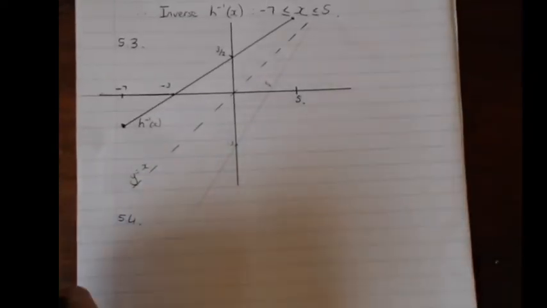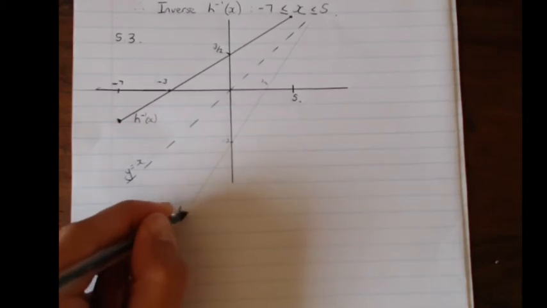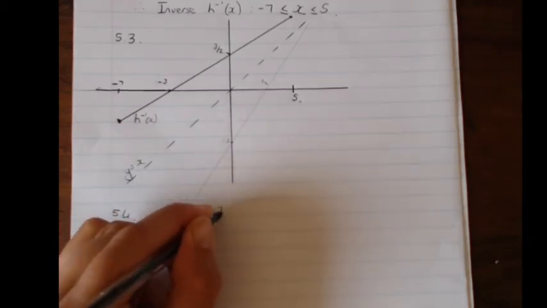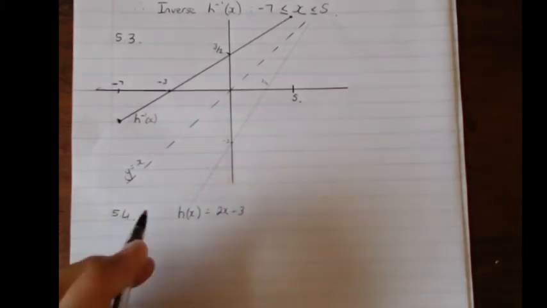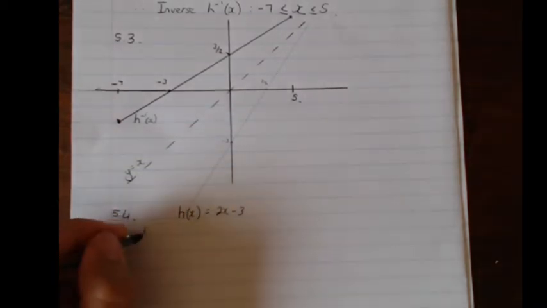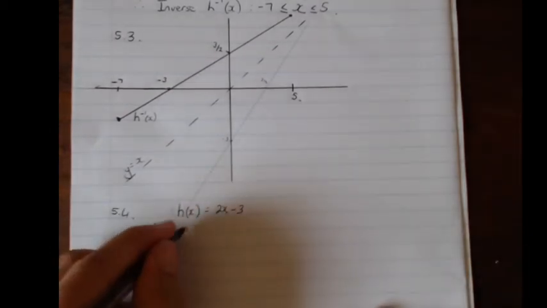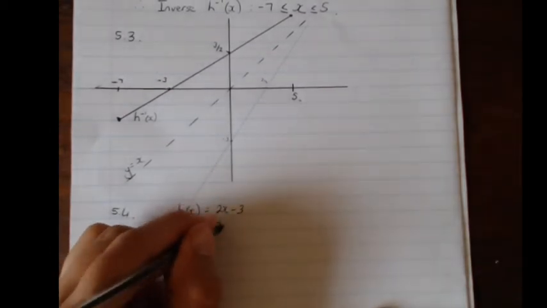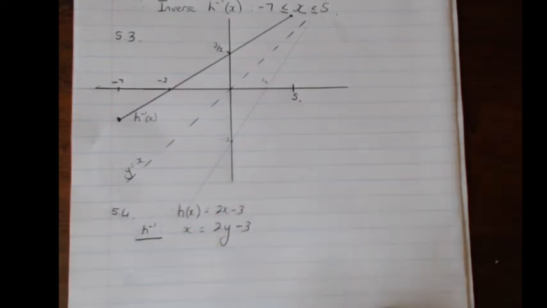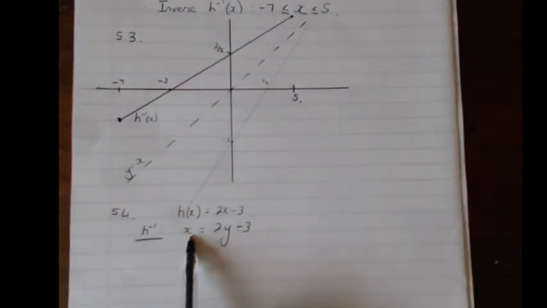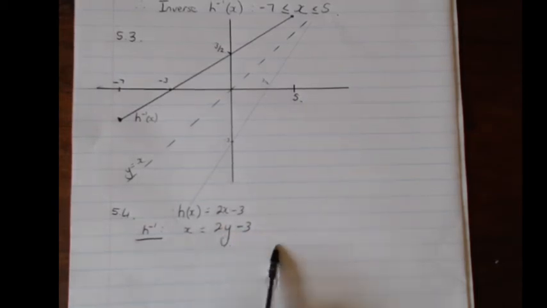So to calculate the equation of an inverse function, h(x) is given as 2x minus 3, this is now y. I calculate the inverse function by swapping the x and the y. So y becomes x and x becomes y, and then I must make y the subject of the equation again. I can't leave it as x, I need to have y is equal to.